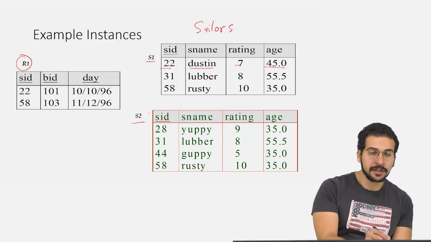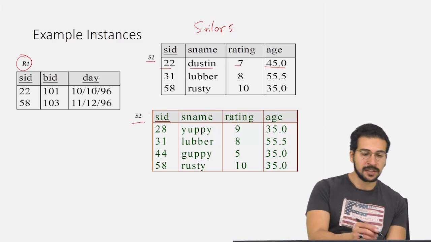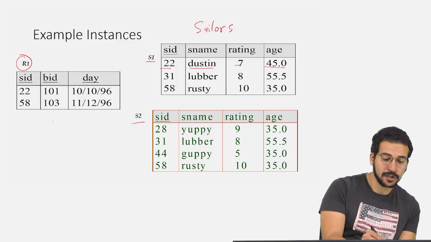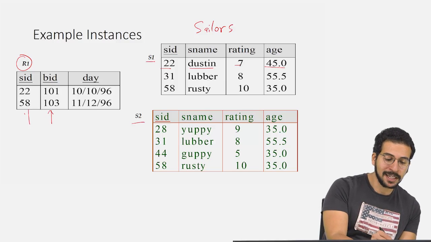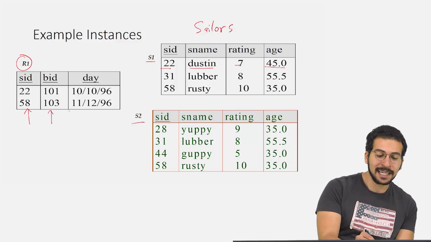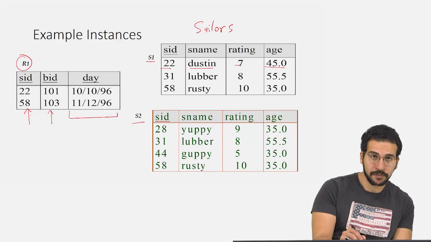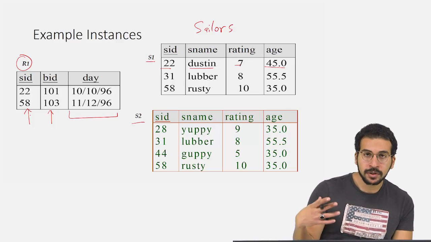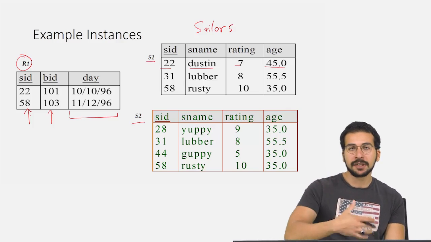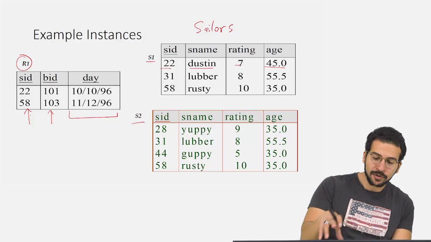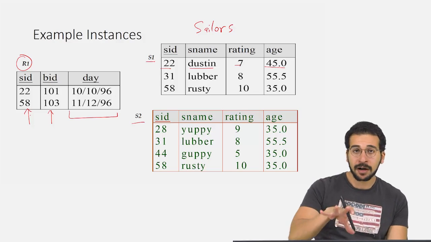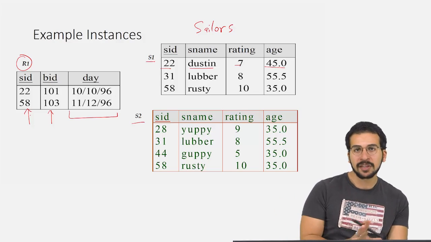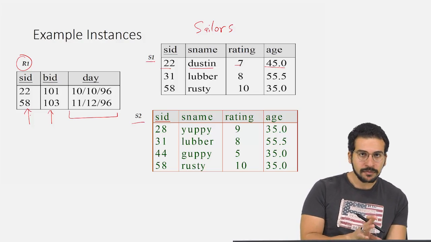As for R1, these are the reservations that the sailors made for boats. So you have a sailor ID, a boat ID, and the day that this sailor has reserved that boat. So given these instances, we will try to figure out how we can retrieve some information from this very simple schema of the database using SQL.